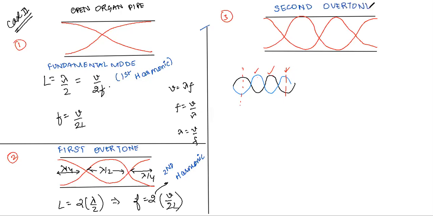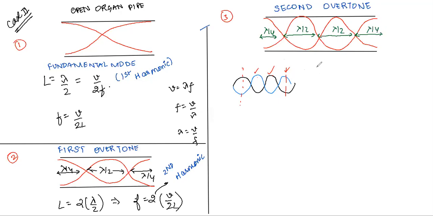Now, for the second overtone, tell me, Karuna, how much is the length in terms of lambda? This is lambda by 4. This is lambda by 2. This one is lambda by 2. Very good. This one is lambda by 4. Add all of them up.